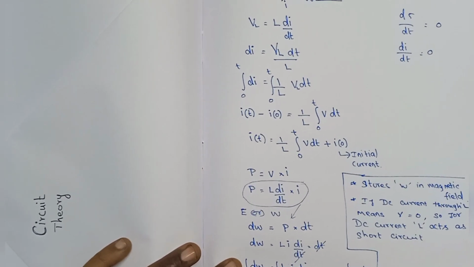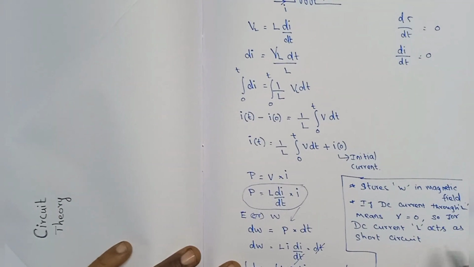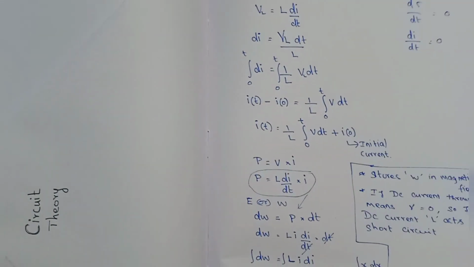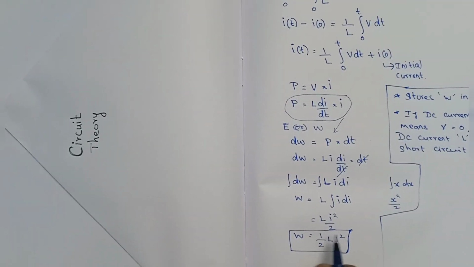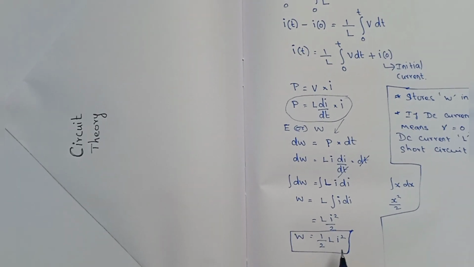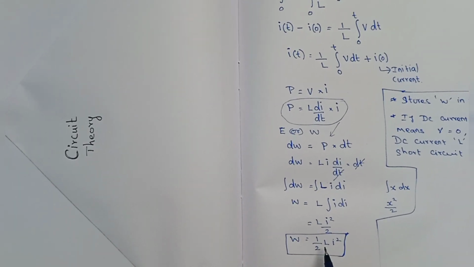But even though it acts as short circuit, it will store some energy. See here the formula for energy. What is the formula for energy stored in the inductance? W is equal to 1 by 2 L I squared. It does not depend on the voltage. It depends only on the current and the inductor value.